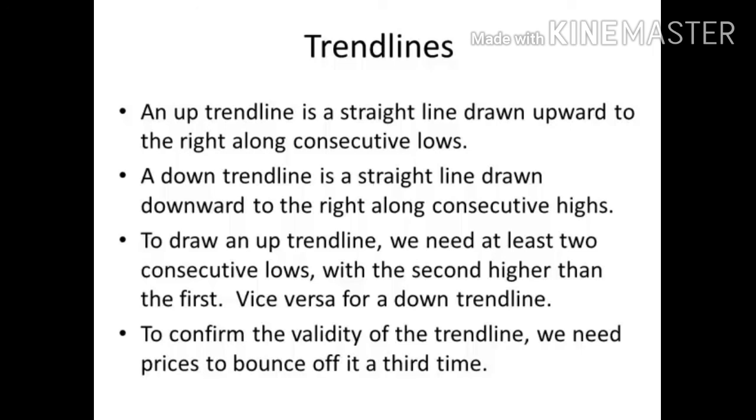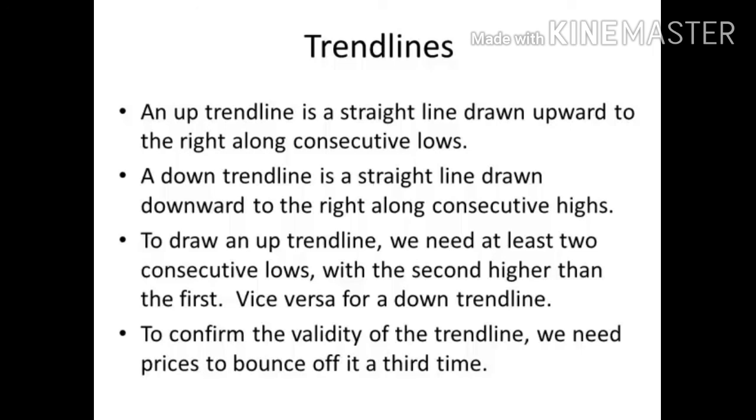A downtrend line is a straight line drawn downward to the right along consecutive highs. If we see that highs are getting lower and lower, right, so the peaks are falling over time, then obviously the price is in a downtrend. And we can then draw a line along these peaks, and this becomes our downtrend line.